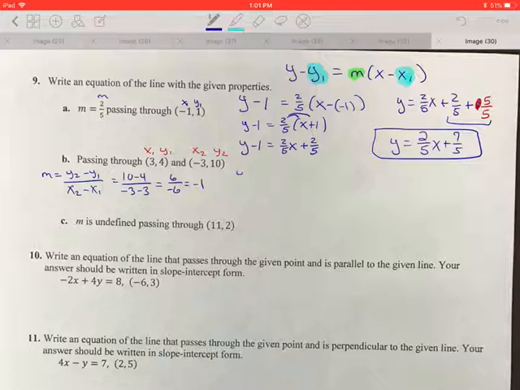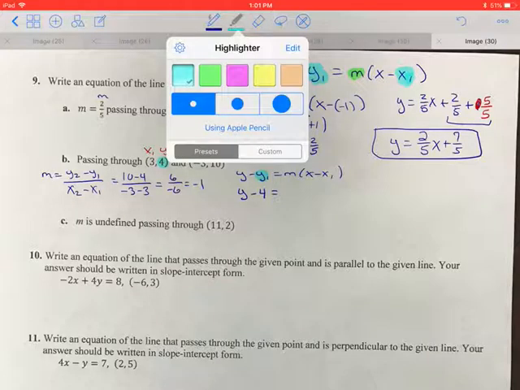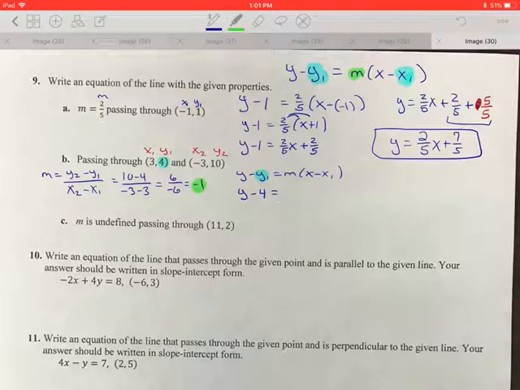All right, so remember, we're plugging into this formula. So let's see if I can color code this. My y1 is right here. So that's going to become y minus 4 equals, my slope is right here, so that number goes there. So that'll be -1.